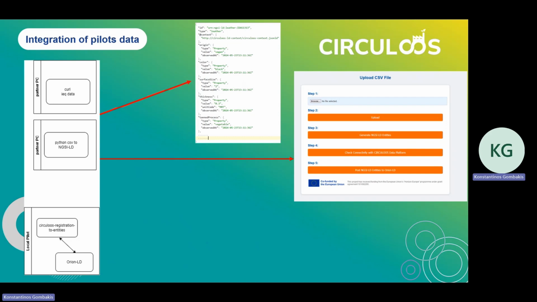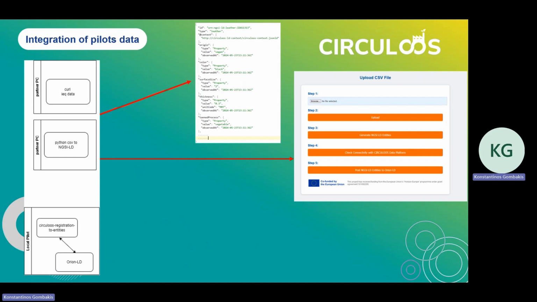As we said before, the platform accepts the data in an NGSI-LD format. NGSI-LD is a JSON file with some specific attributes that we have to specify in the data model. That's why we need the data model.